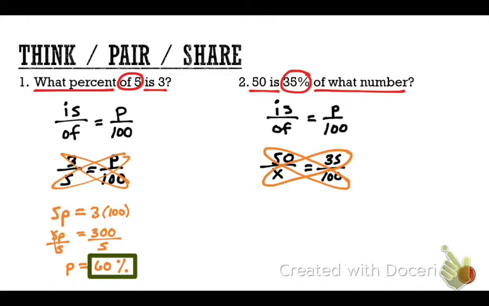Remember, once again, it is okay if it does not come out as a whole number. Most of the time, I give you easy problems that come out as whole numbers, but sometimes you're going to have different ones that don't.